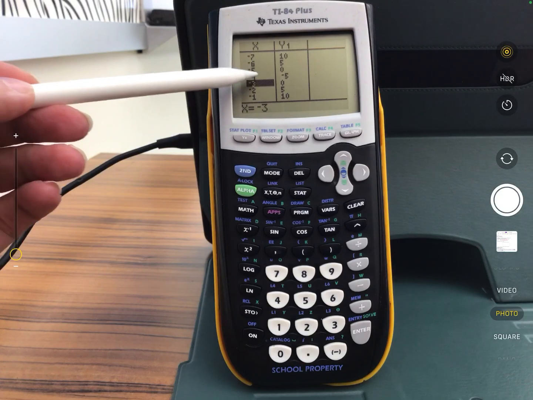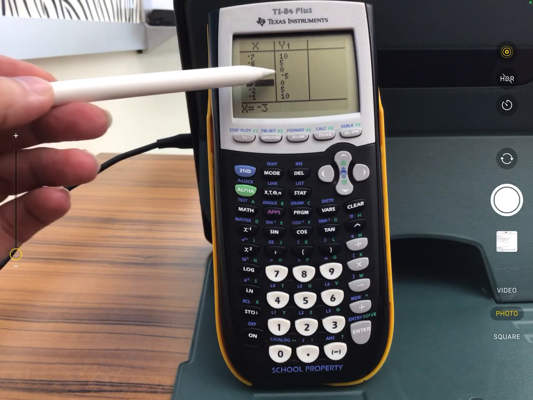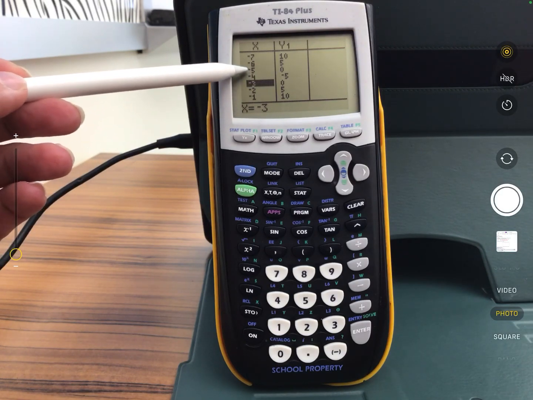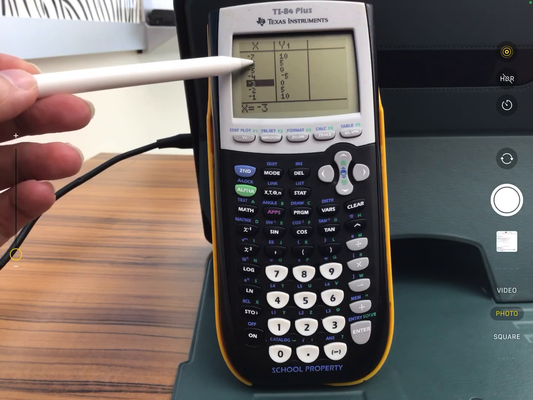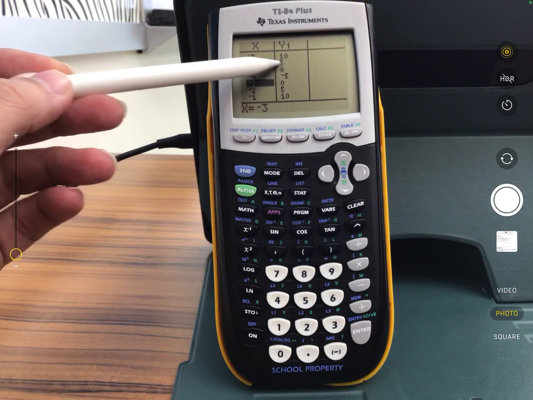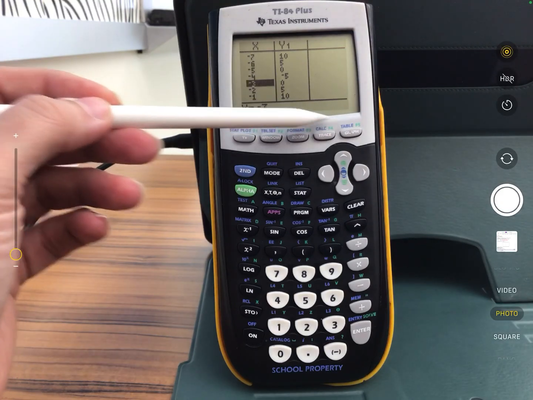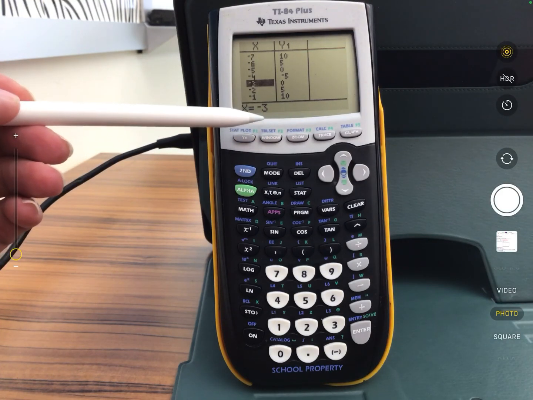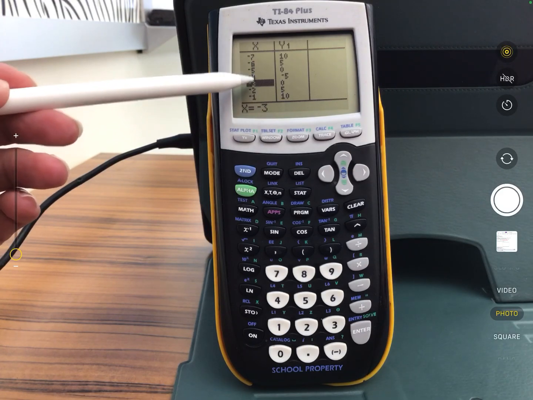So if it wasn't a very nice number, like this one is an integer, which is kind of a nice number, it's easy to find. But if it wasn't very nice, I would then be able to say, okay, it's going to have to be between negative 6 and negative 4, or if it happened between negative 7 and negative 6, I know that it's going to be some decimal that's going to create a 0 there. So I could look into the table, change the table setting and go by 0.1, for example, and maybe I would then be able to find it.